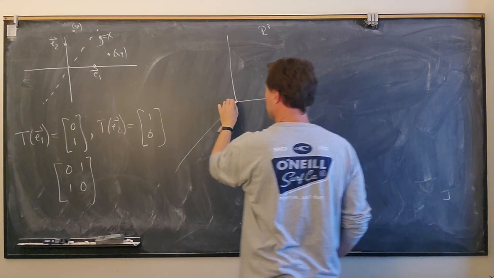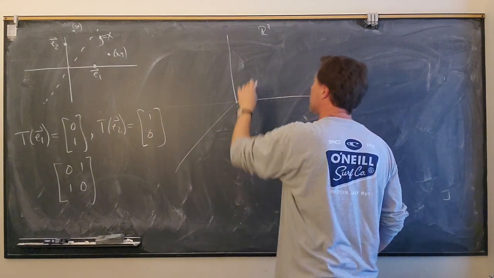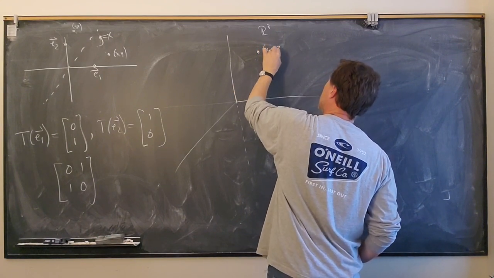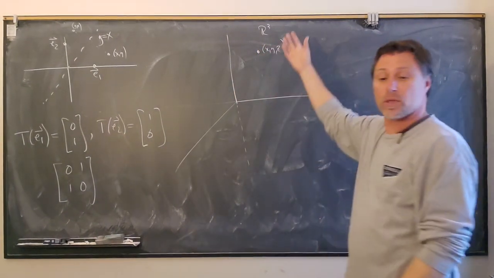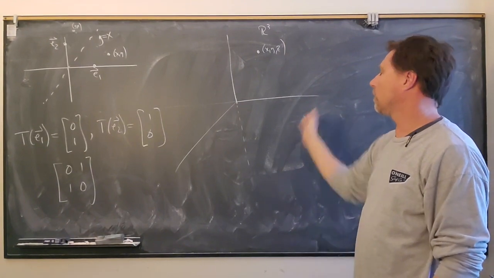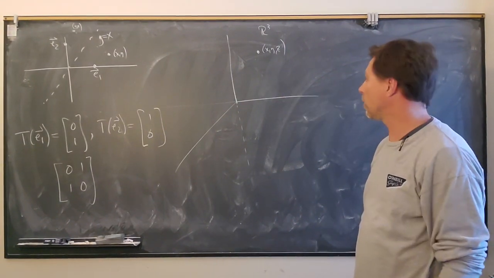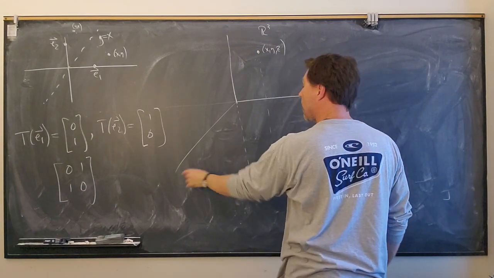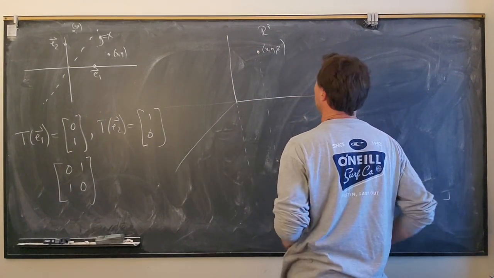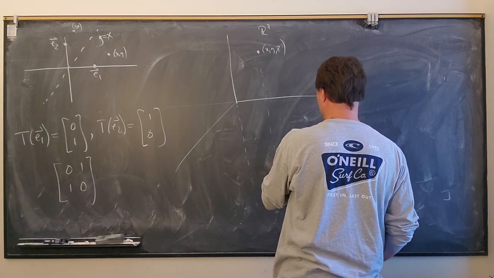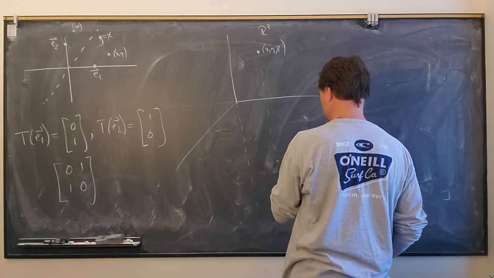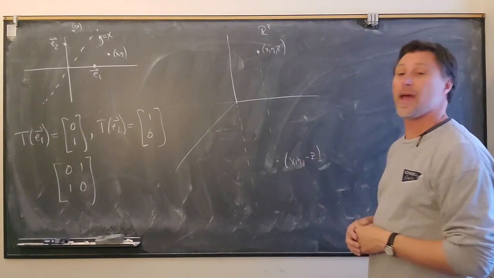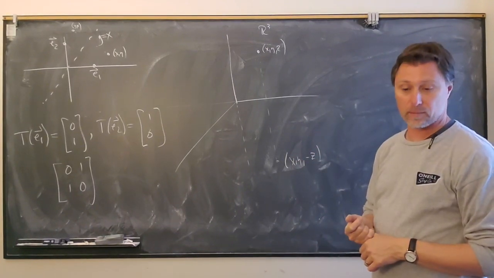You can see here's the XY plane, and what happens if you take any point here, X, Y, Z, and reflect about the plane Z equals 0? This point gets taken to a point below the plane. It's the reflection that takes the point X, Y, Z to the point X, Y, minus Z.